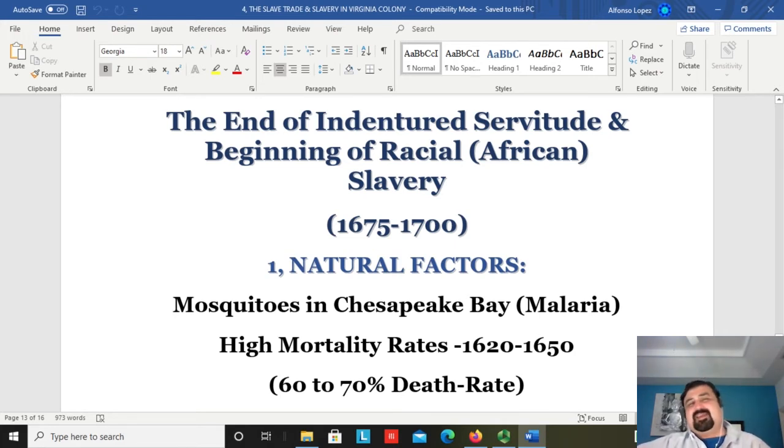That is to say, the planters are going to decide that indentured servitude was not working for the company. They're going to gradually end it, importing less and less indentured servants in the last 25 years of the 1600s, so much so that by 1705, the main labor force of the colony is made up of African slaves, and there are almost no indentured servants being imported anymore into the colony.